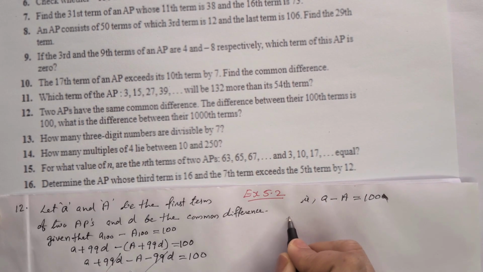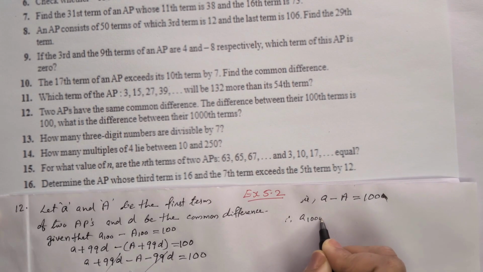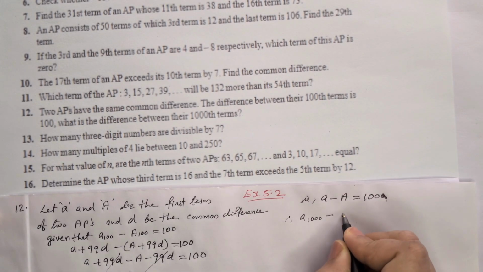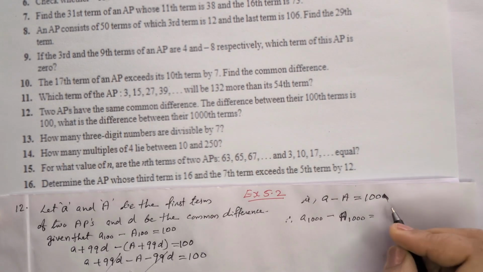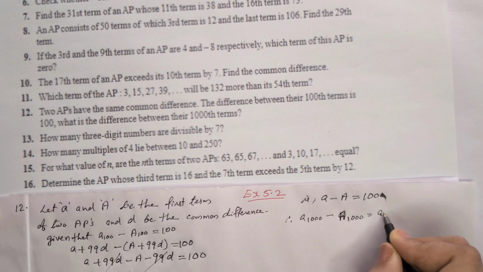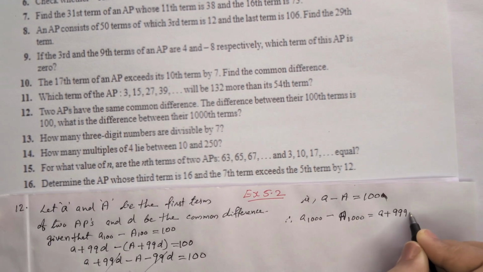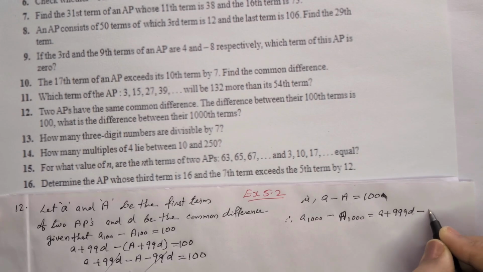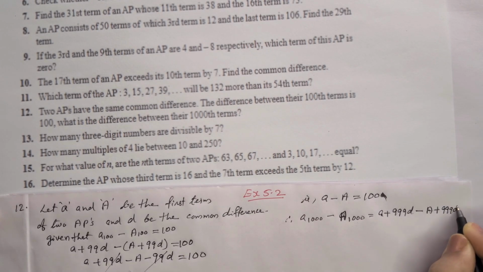Therefore, A1000 of the first AP minus A1000 of the second AP is equal to, we can write A1000 as a plus 999d, minus capital A plus 999d.